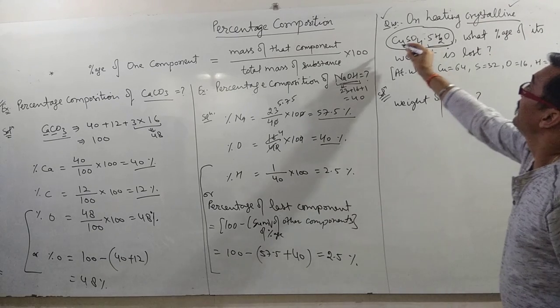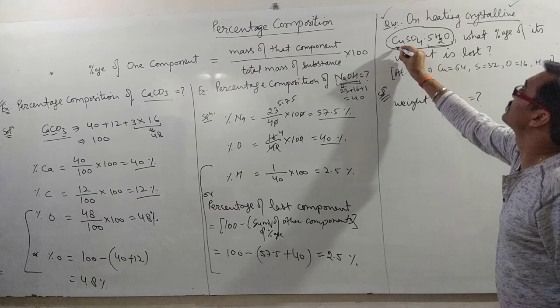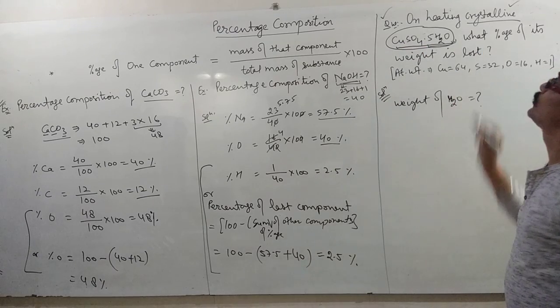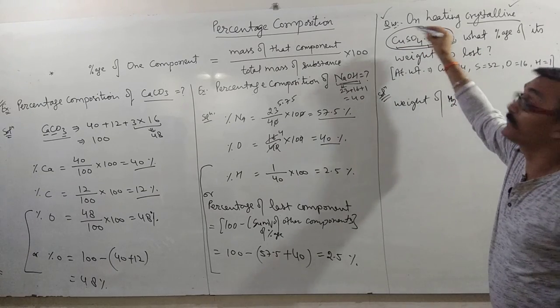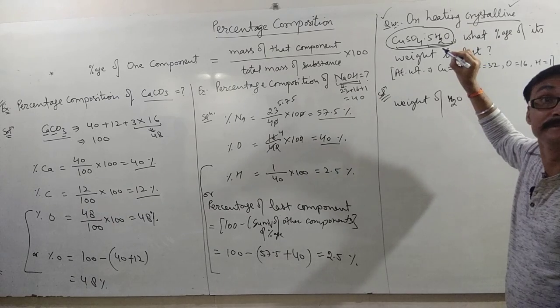So guys, here we divide this substance into two parts. The first one is copper sulfate and the other is water.